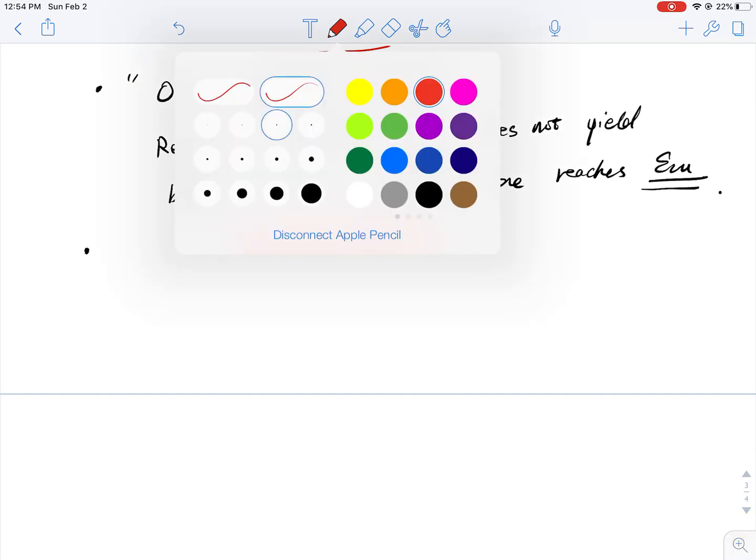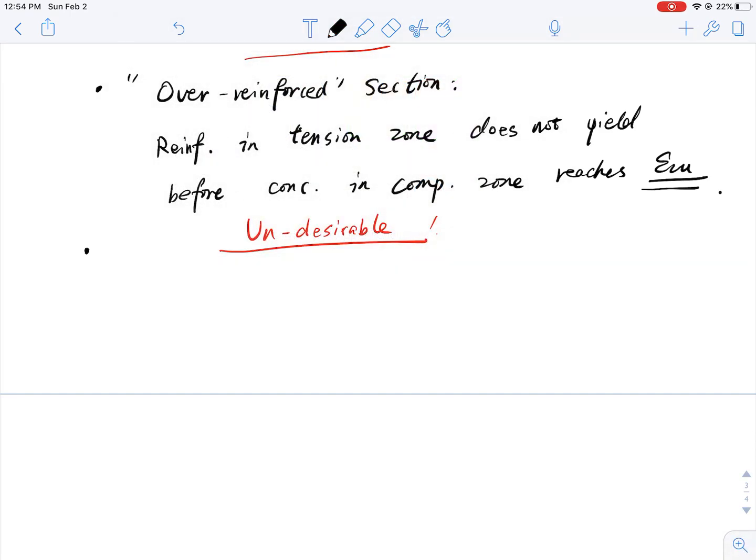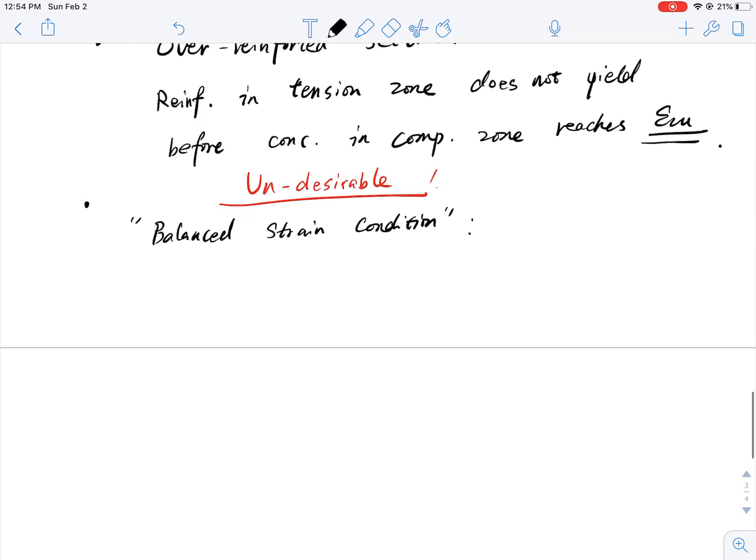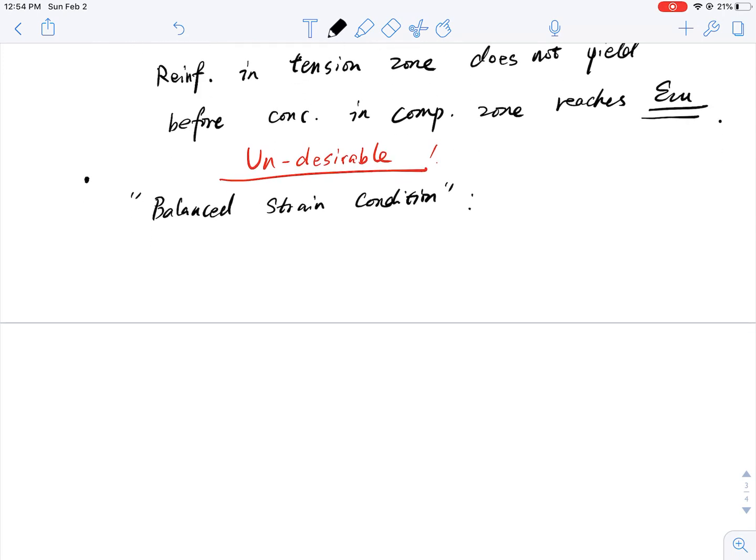Now there's a cutoff point between these two cases, and we call it the balanced strain condition. Remember we have talked about this term strain condition before. So what is this balanced strain condition?